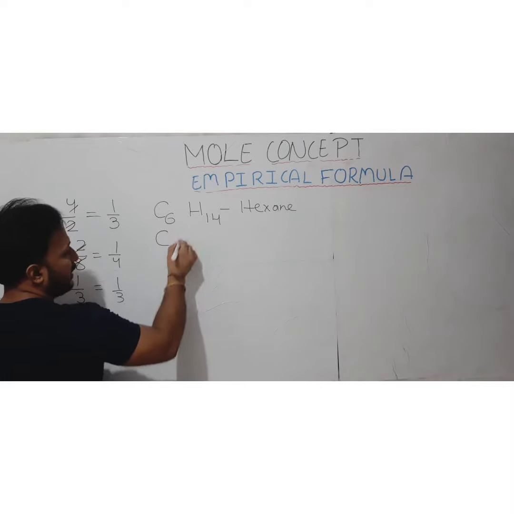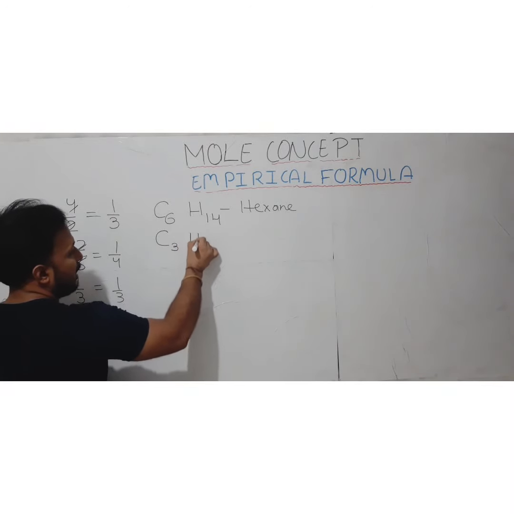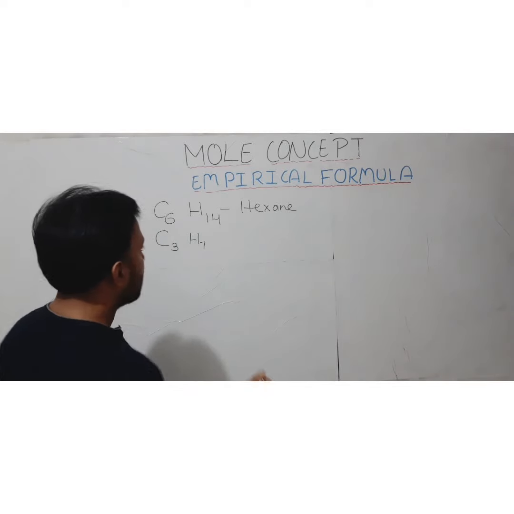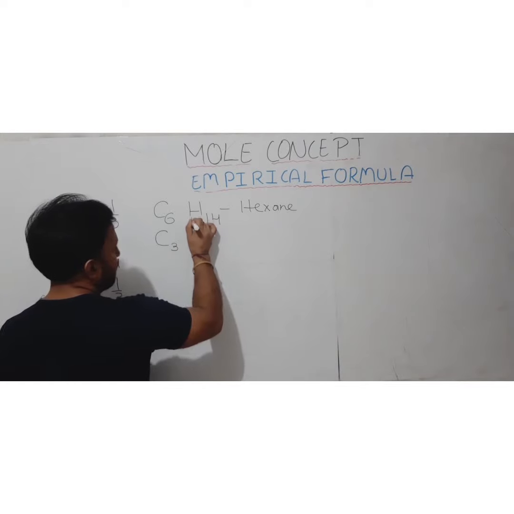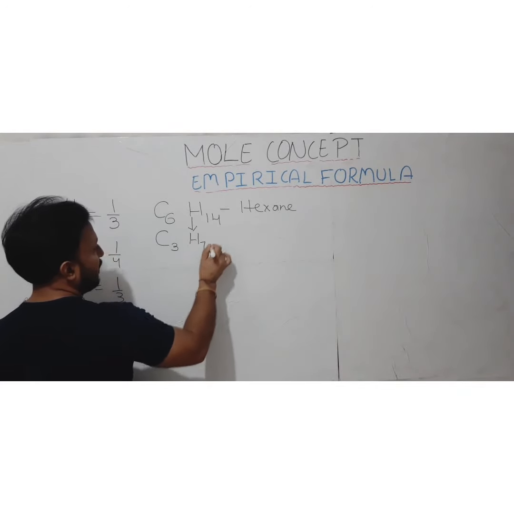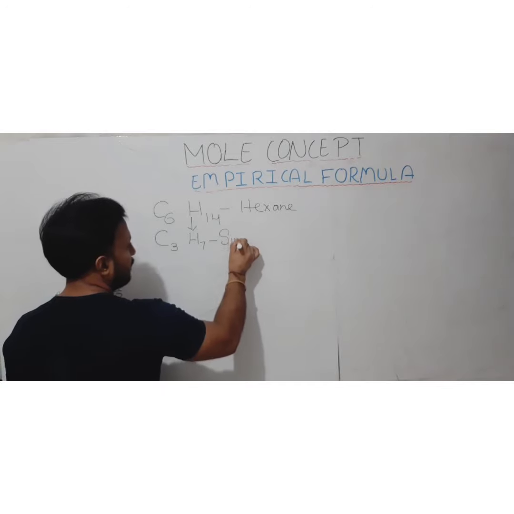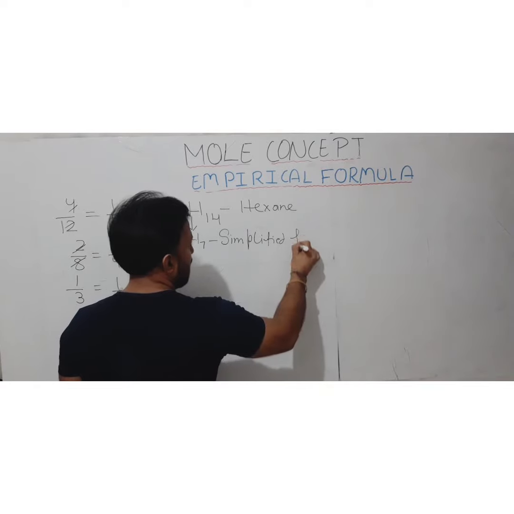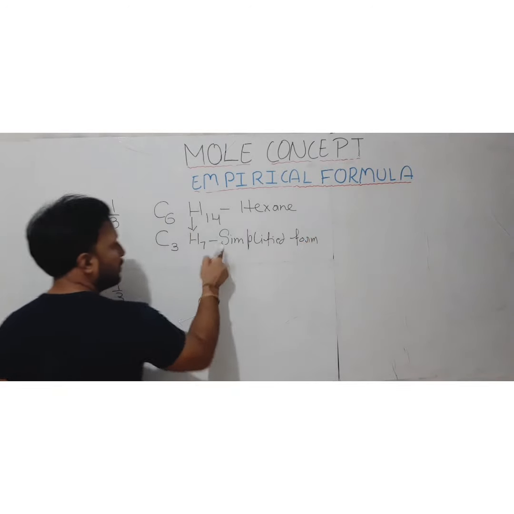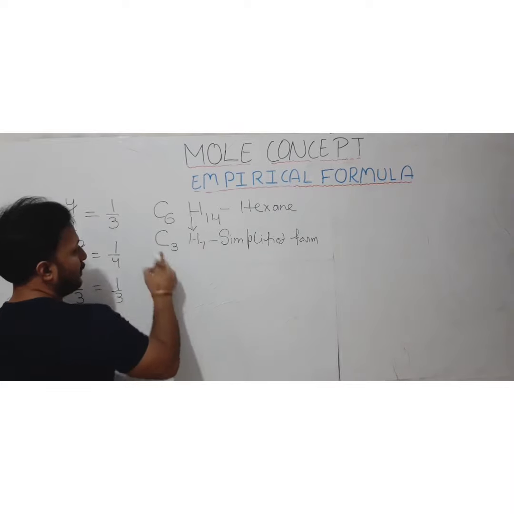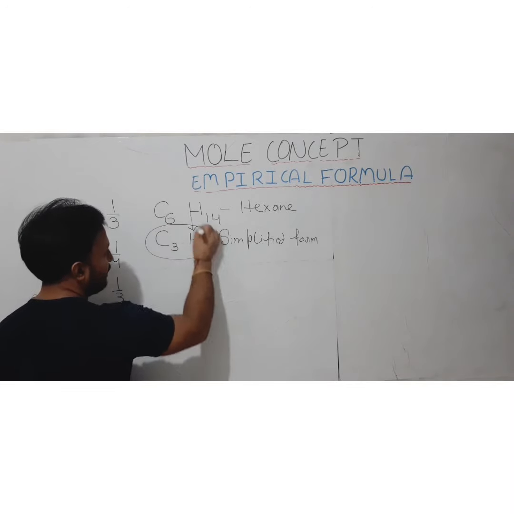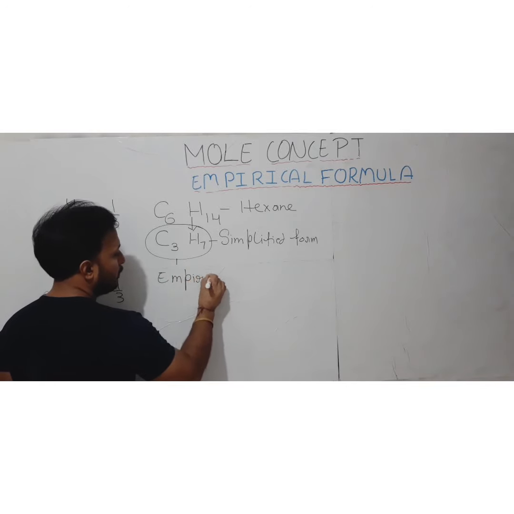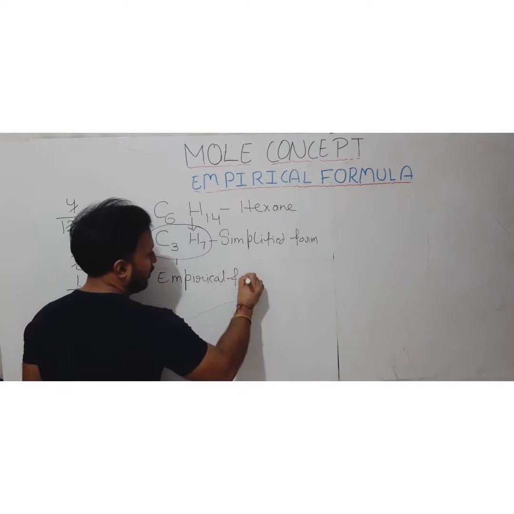Now if I ask you to simplify it like we did here, you will simplify it and the value will be C3H7, because you have taken 2 as common. So this is the simplified form of hexane, C3H7, and it is known as the empirical formula.